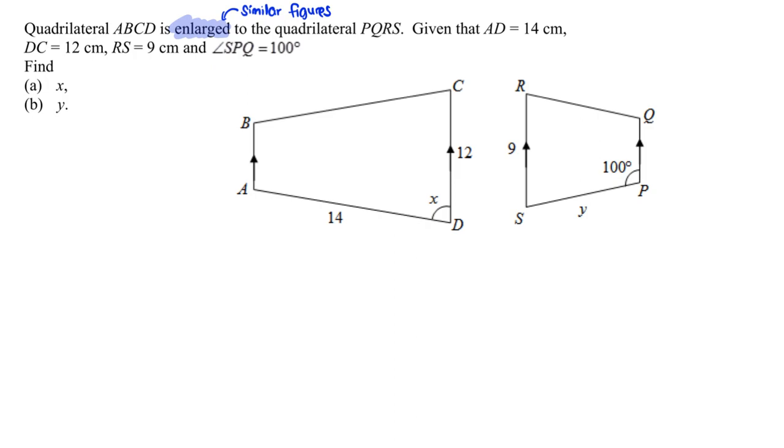What does this mean? This means that to find the angle x here, I just need to identify the corresponding angle, and the x corresponds to point D. So if I go back to the question, right, point D is this last point. It corresponds to point S, meaning that this angle here, angle RSP, the value is the same as x.